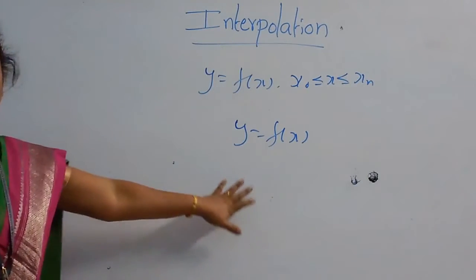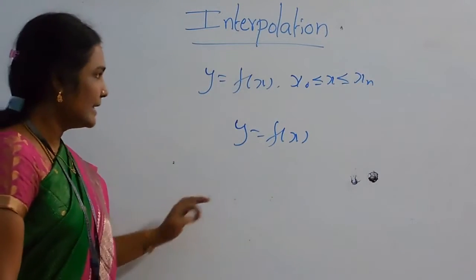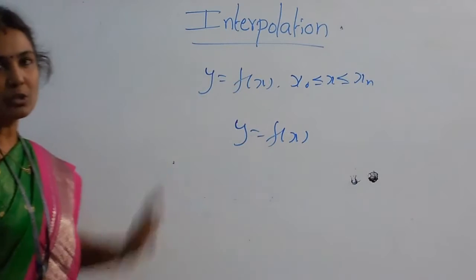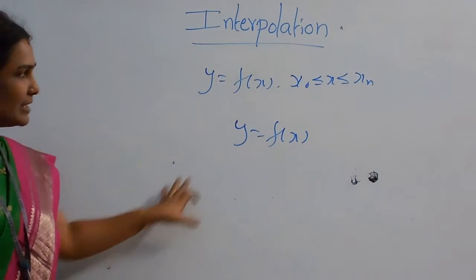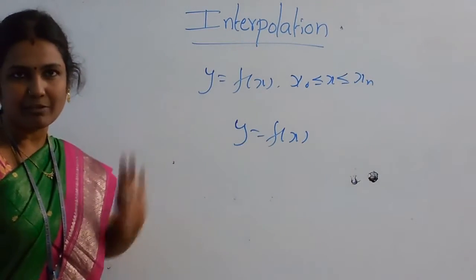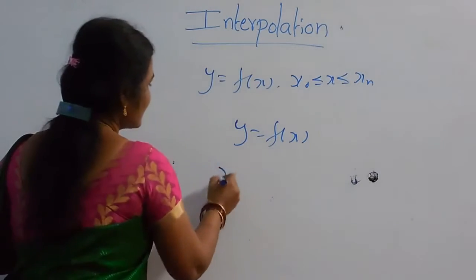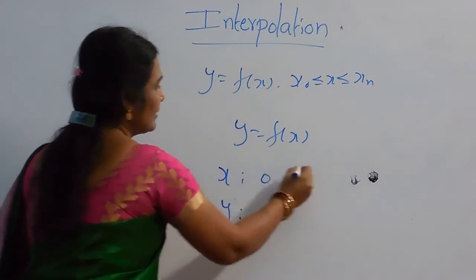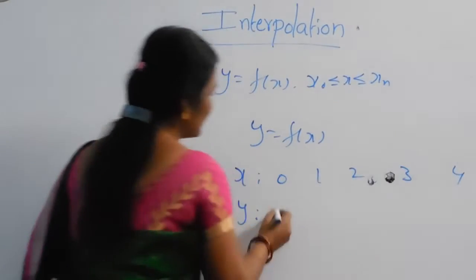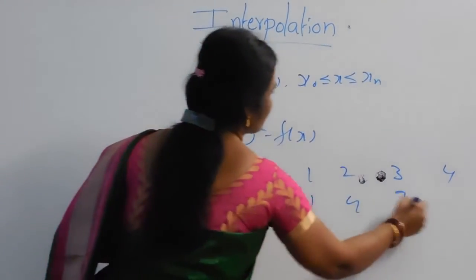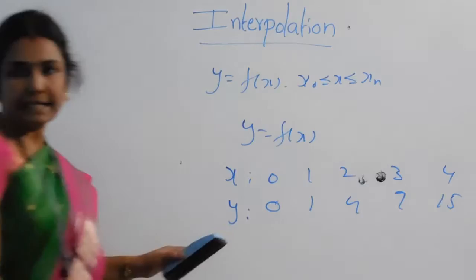So simply y equal to f of x is a function, but here the function we don't know. So without knowing the function, we have to find the values of y for any independent variable x, given a set of table values. So this is a table.